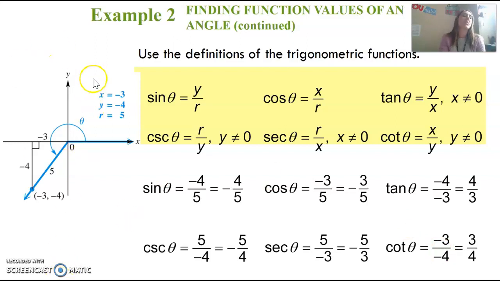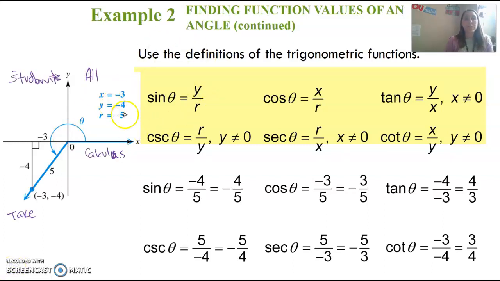So that's where you're going to learn that All Students Take Calculus. If all students take calculus, in the 1st quadrant, sine is positive, cosine is positive, and tangent is positive.